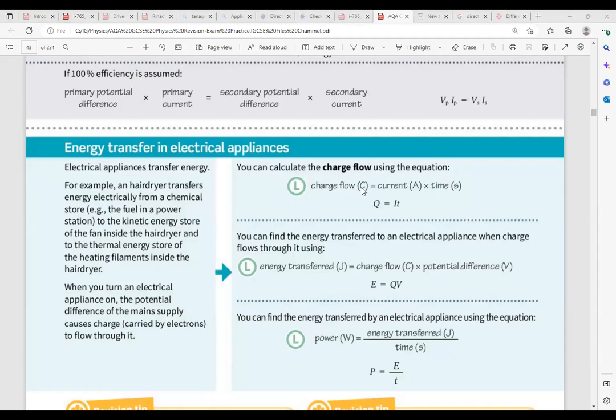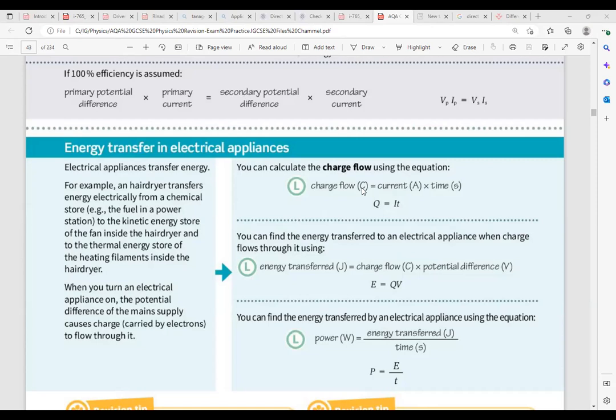C is the unit of charge, not current. C is not the current. C is a unit. Current is a physical quantity. I need answers, guys, in the chat. Guys, give me the answers, please.